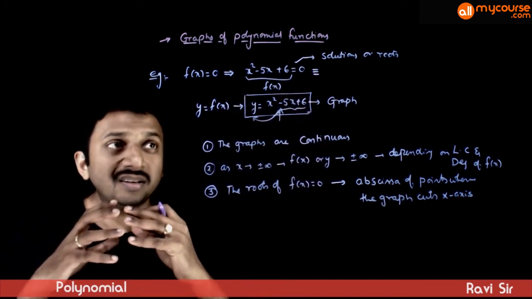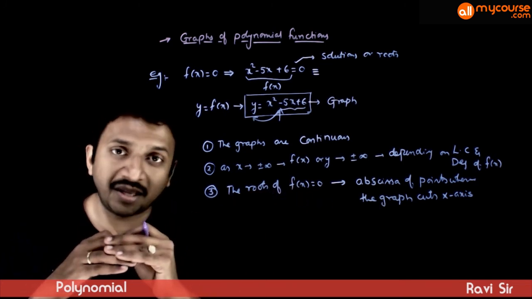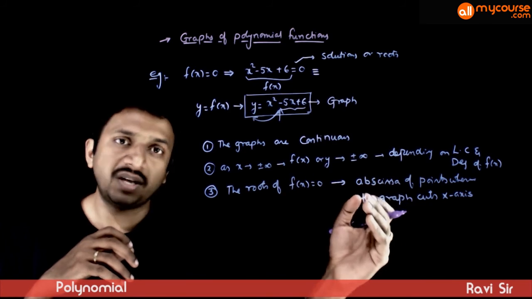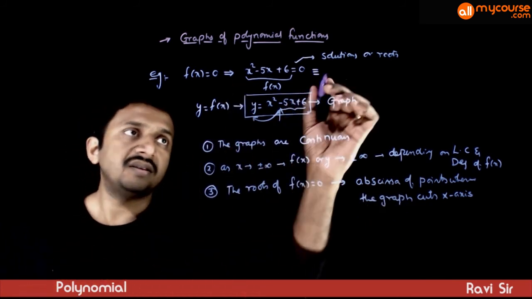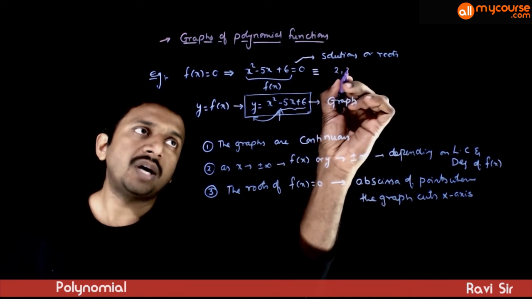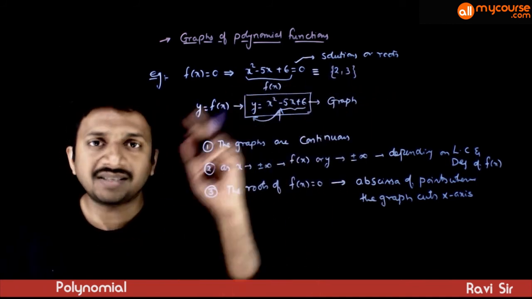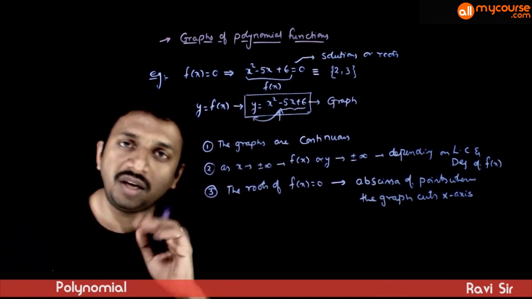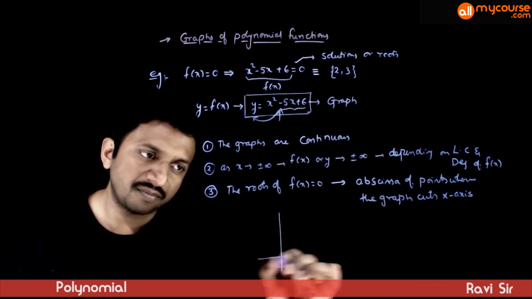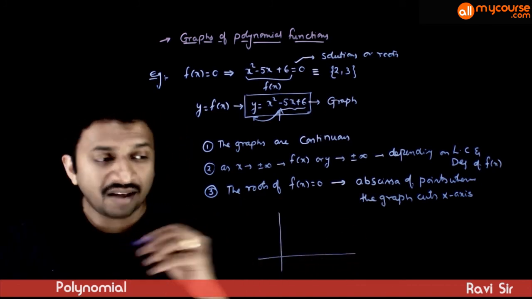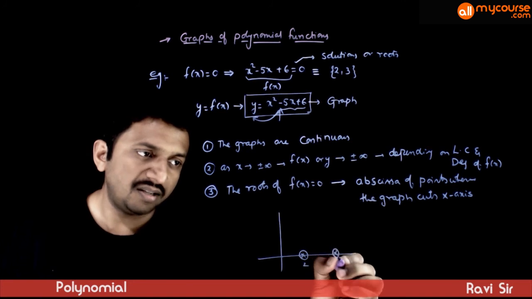So the roots of f of x is equal to 0 are nothing but the abscissa of the points where the graph cuts the x-axis. For example, if you take this, the roots are 2, 3. At x is equal to 2 and x is equal to 3, y will be equal to 0. That means if you draw the graph of this, this is 2, this is 3.